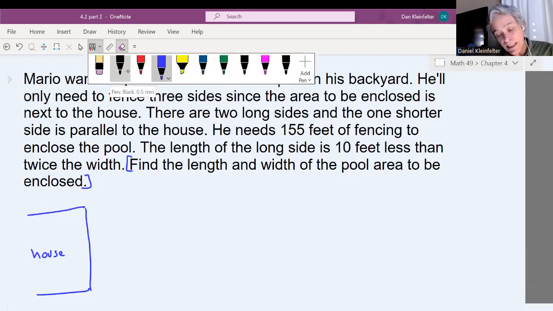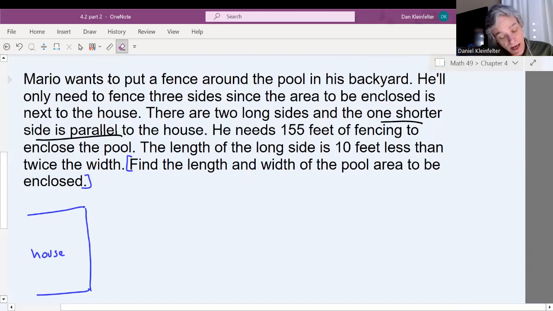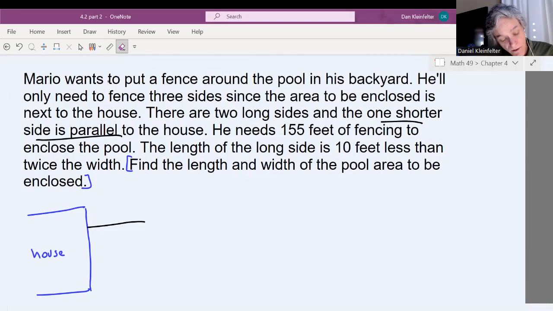And so then the next thing, 2 long sides and 1 shorter side. The shorter side is parallel to the house. So that means that it's further away from the house than the distance along the house. So 2 long sides and 1 shorter side.